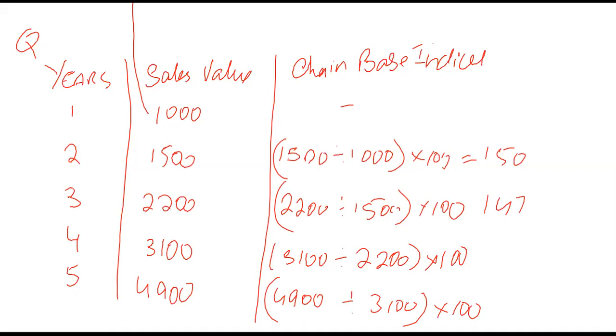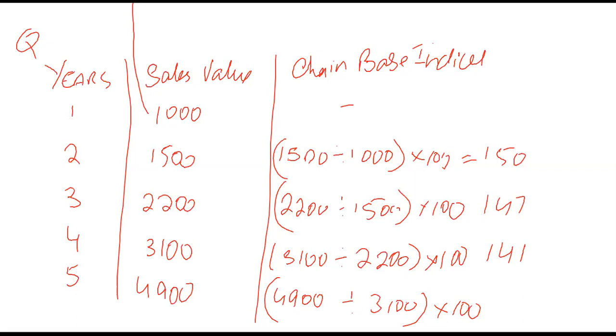Let's calculate the third one. 3100 divided by 2200 and then multiplied by 100. Again, I'm getting an answer of 141.